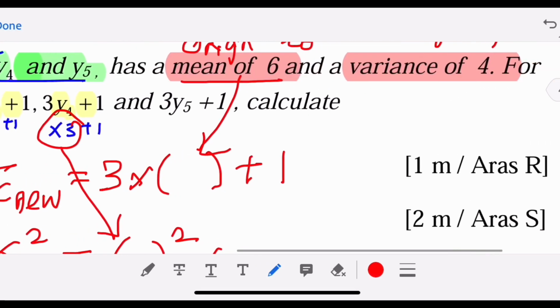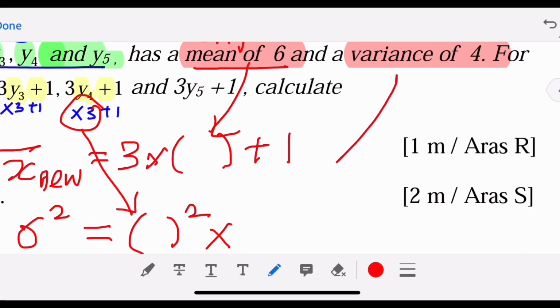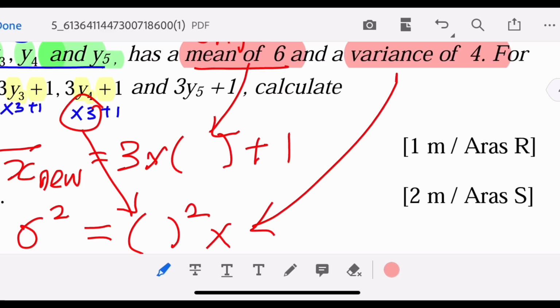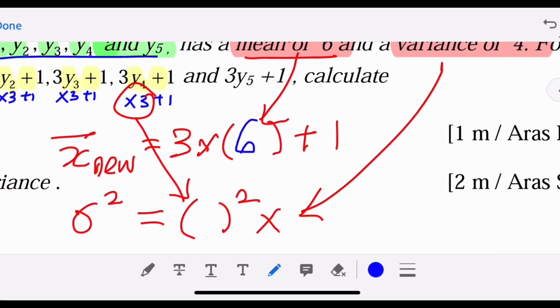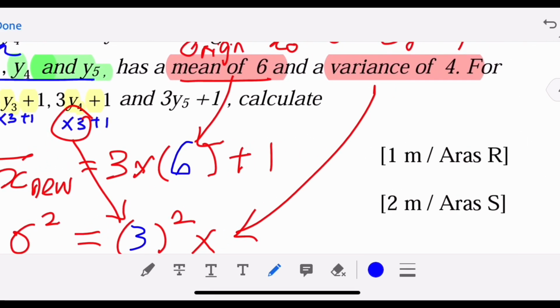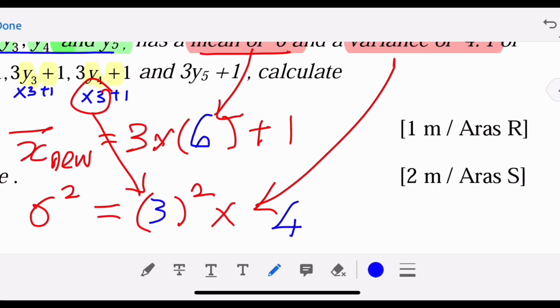For variance, the original variance was 4, it was given. So the new variance is affected by the number that you multiply, but you need to square it. The number that you multiply is 3, so 3 has to be squared.